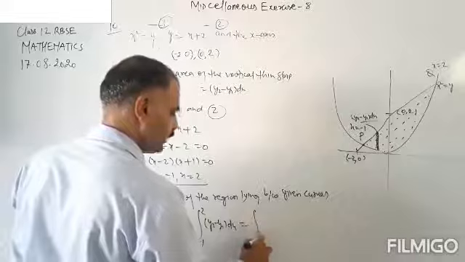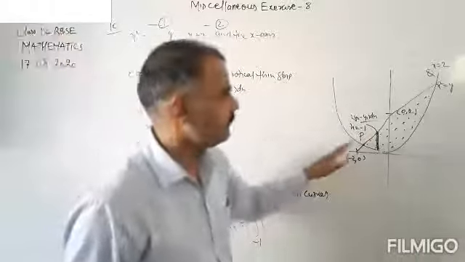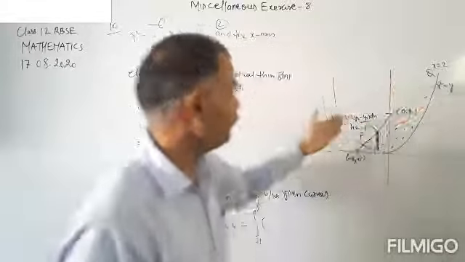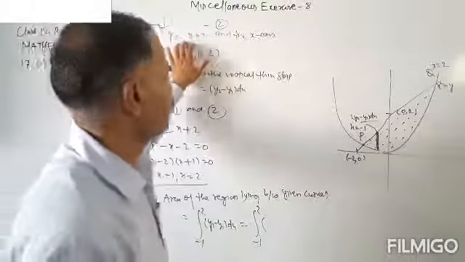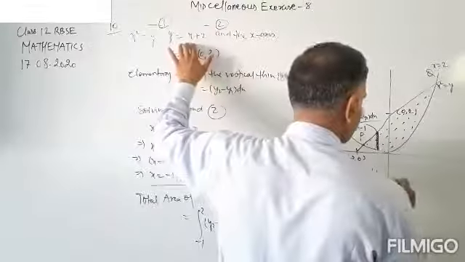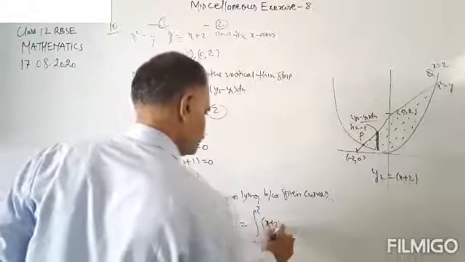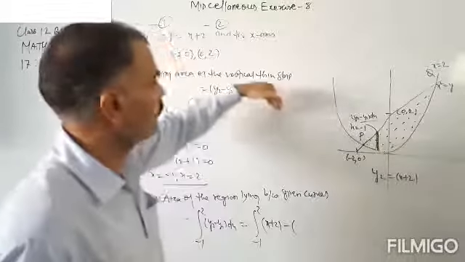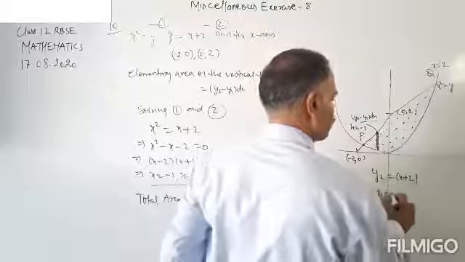Here y2 is from the upper curve, which is the line, so y2 equals x plus 2. Minus y1 from the lower curve, that is the parabola, so y1 equals x square.